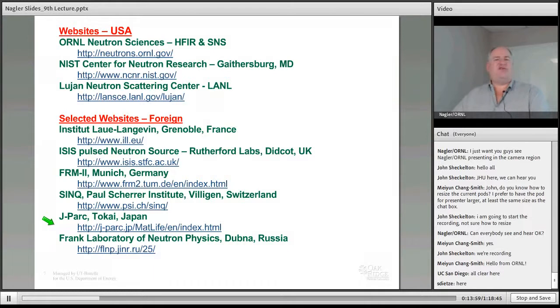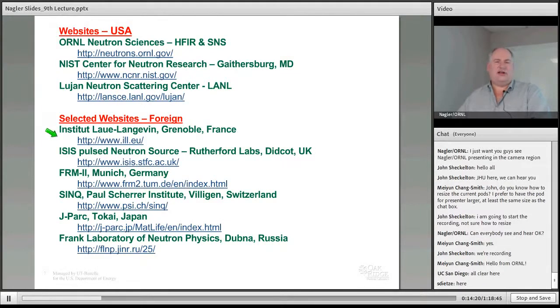Now, from overseas, I've listed a few different things here. I want to point out, this is both a reactor and a spallation source. The spallation sources are pulsed in this case. The reactor is continuous.